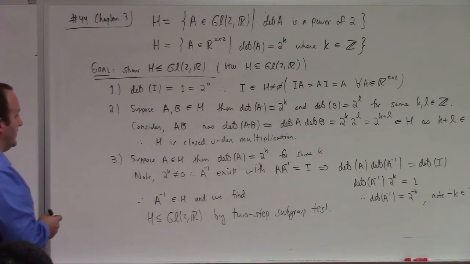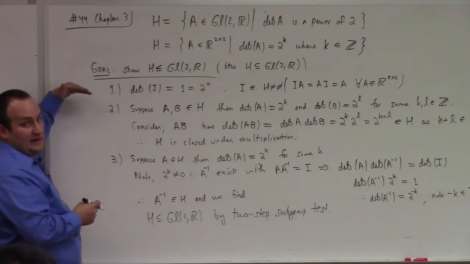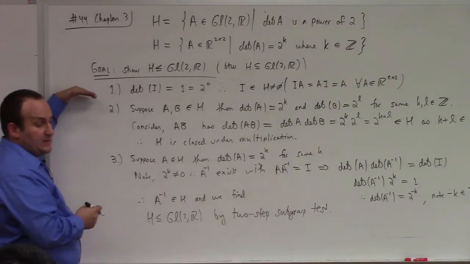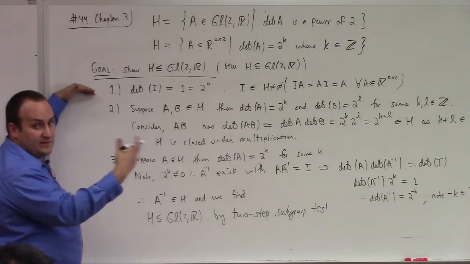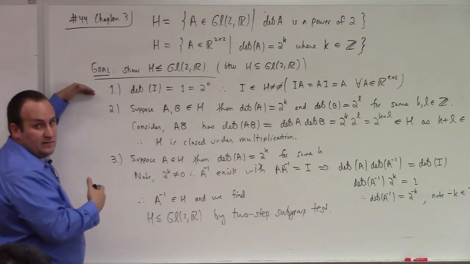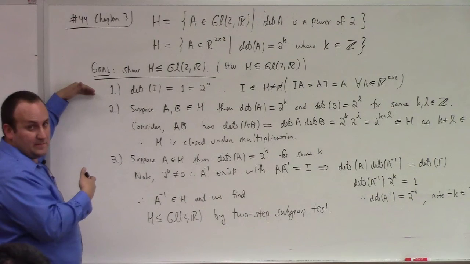No, the identity and inverse are not the same. There's a unique identity in a group. We proved that the first day. It's the element that when you operate on other elements, it gives you back the element again. Inverse, on the other hand, is different for different elements, typically. But an identity is its own inverse.